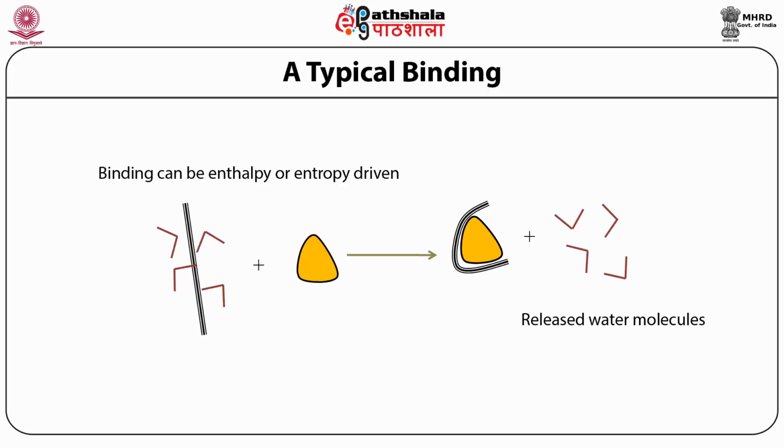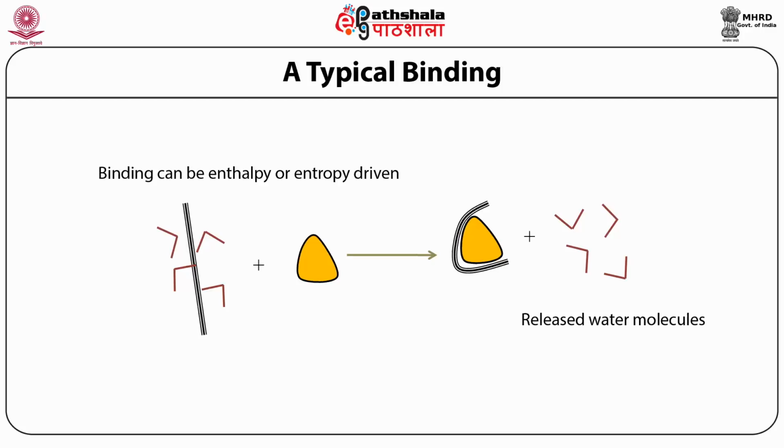And there are water molecules around both protein and ligand. When protein binds to ligand, which you can see in the right side, some water is going to be expelled, and that is written as released water molecules. When water is released, it comes out from a hydrophobic surface, it gains entropy.